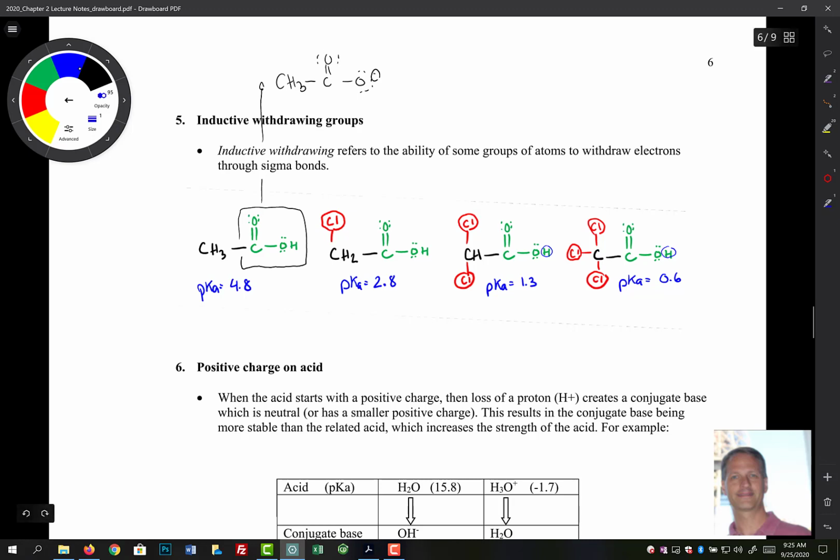Now it's that negative charge that is going to dictate whether we're a stronger or a weaker acid, right? The ability to accommodate it is what we're talking about. So they all have the resonance structure that we talked about before. So we're going to get this happening with all four of the acids down below.